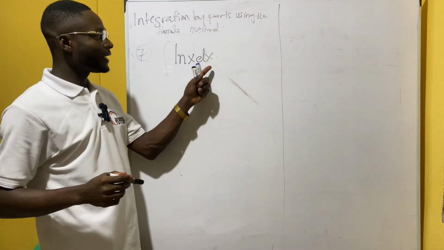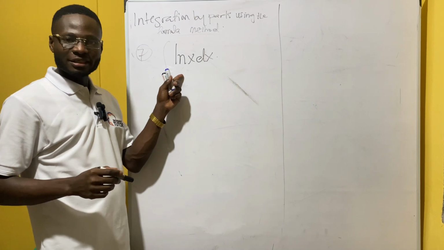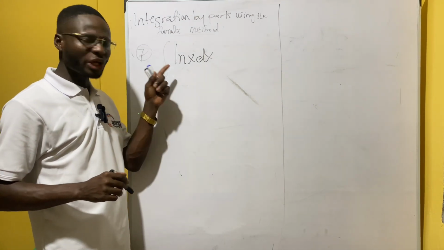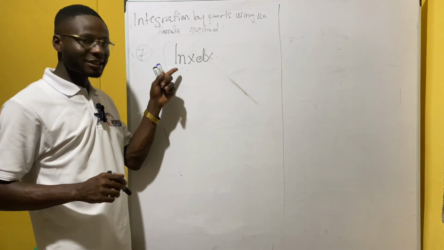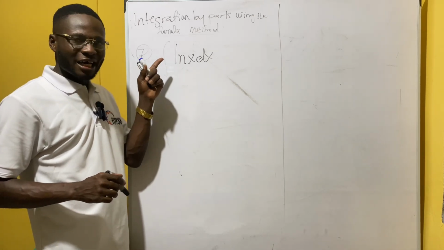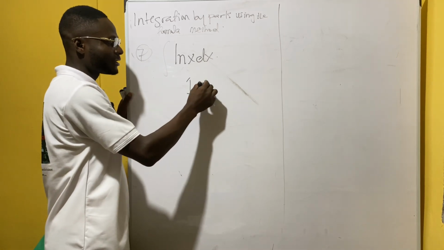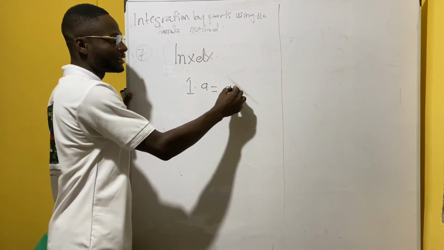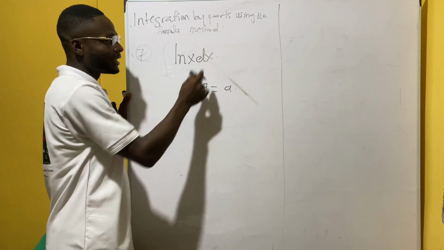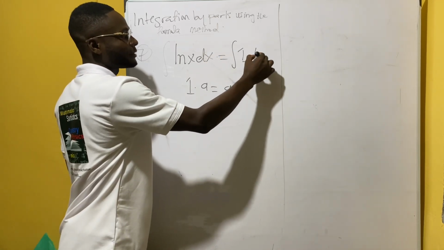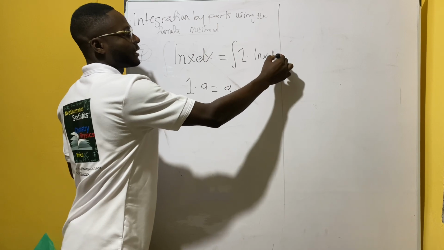And this right here, we can't integrate straight away like that. But we have to note that this right here is the same as this. This means that we have this right here as 1 times ln x dx.